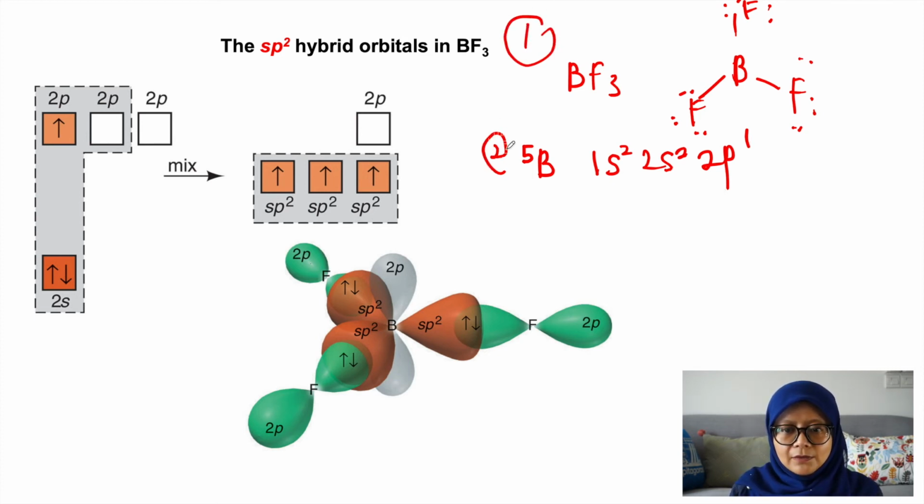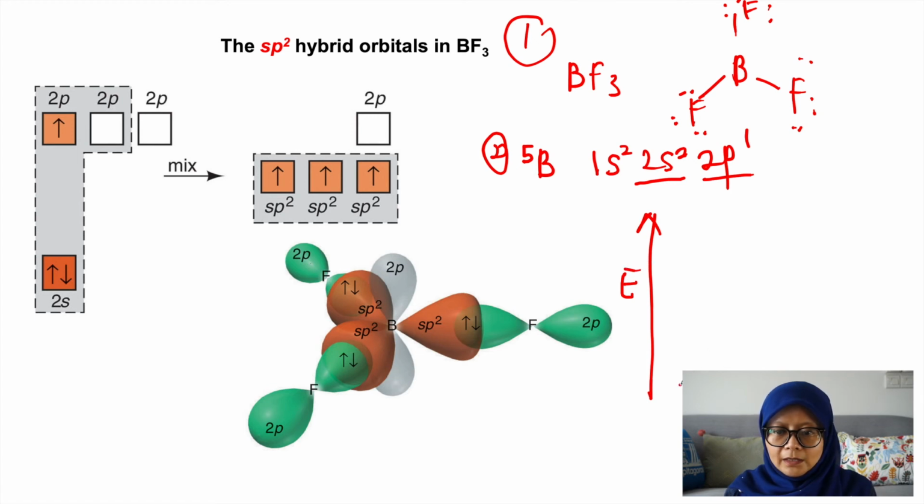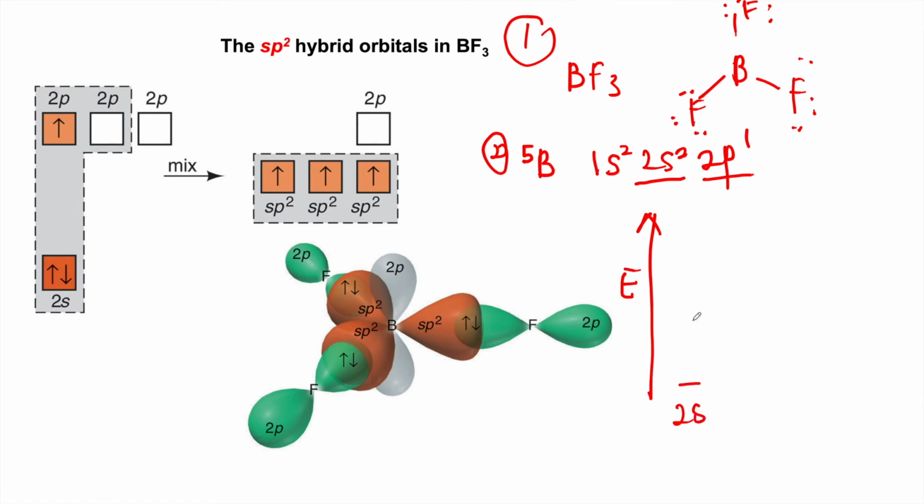Second step, you need to determine which one is the valence electron for the boron. Here we have 2s2 and 2p1. You need to show this valence electron, so you need to have the energy levels, the 2s and the 2p.